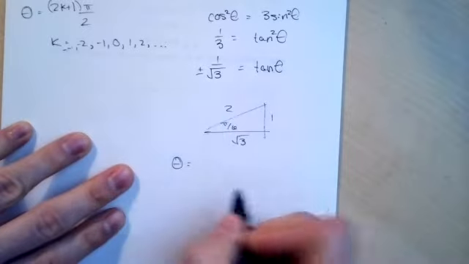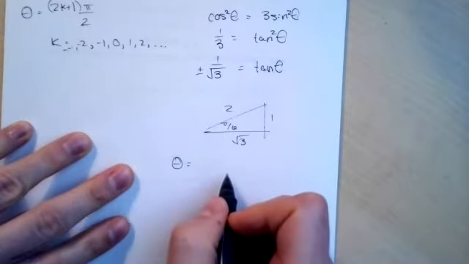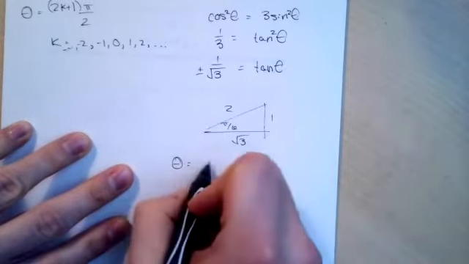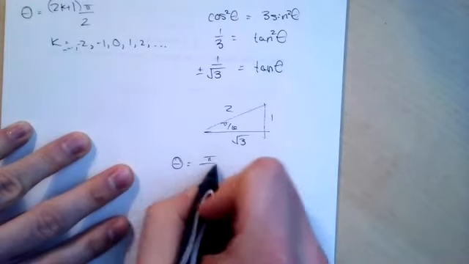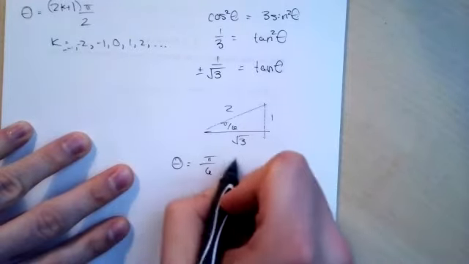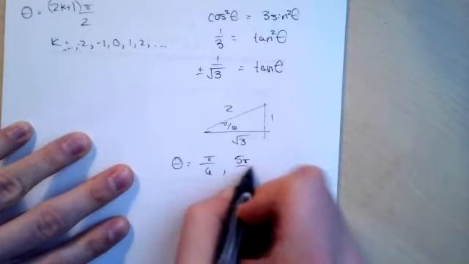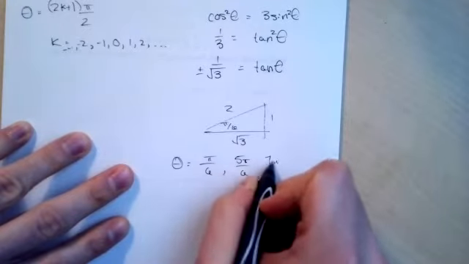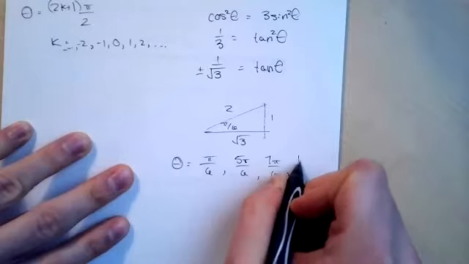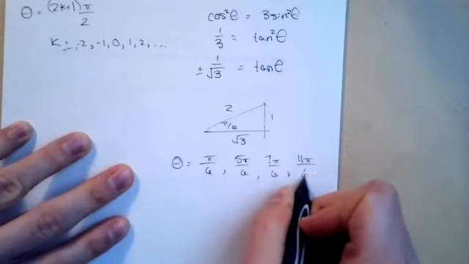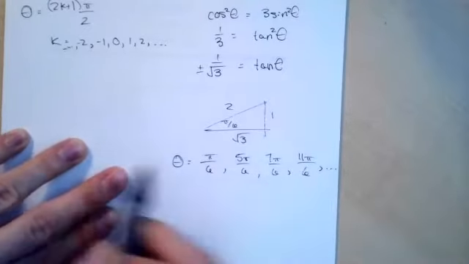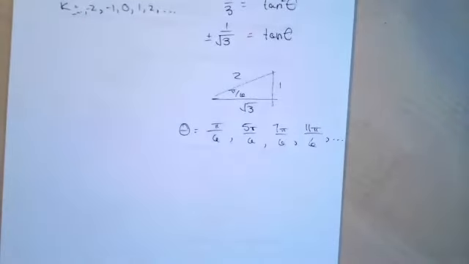But since we want both to be positives and negatives, what are we going to get? We're going to have all reference angles of pi over 6. So we'll have pi over 6, 5 pi over 6, 7 pi over 6, 11 pi over 6. Of course, we can include the negative values as well.